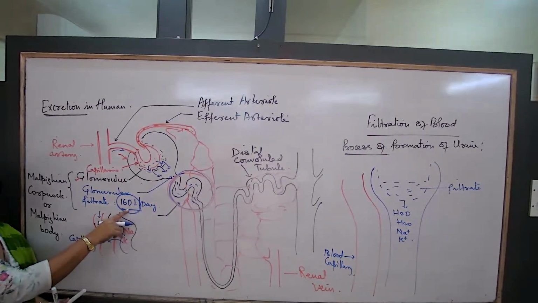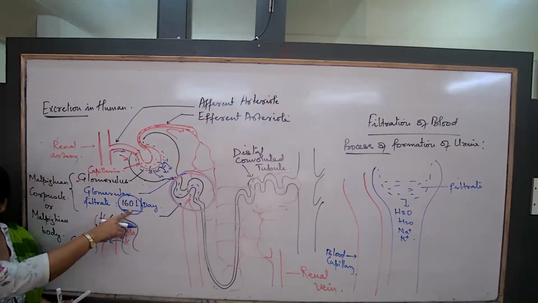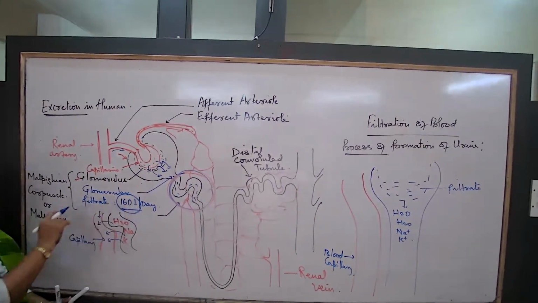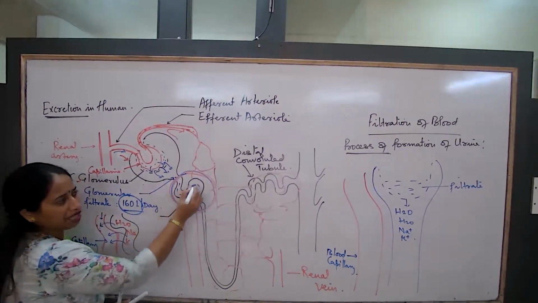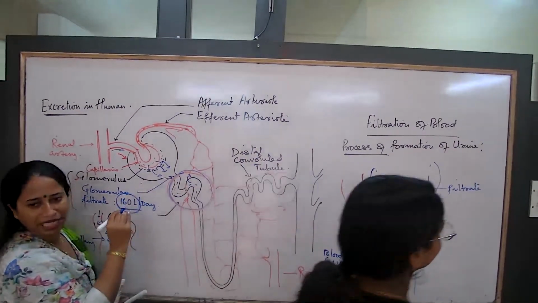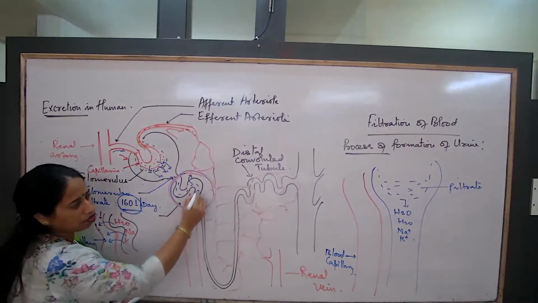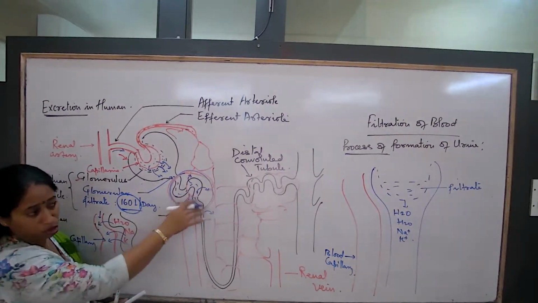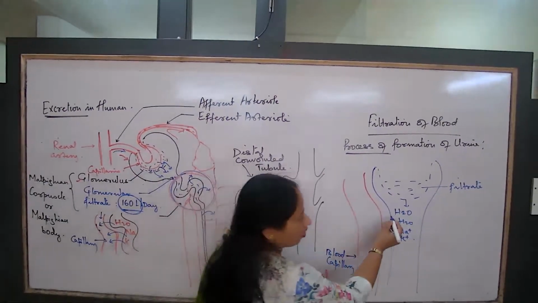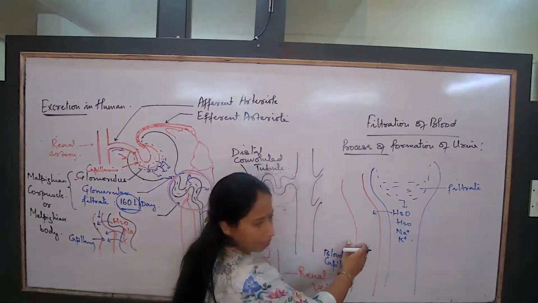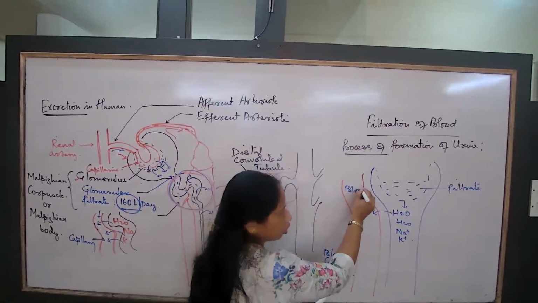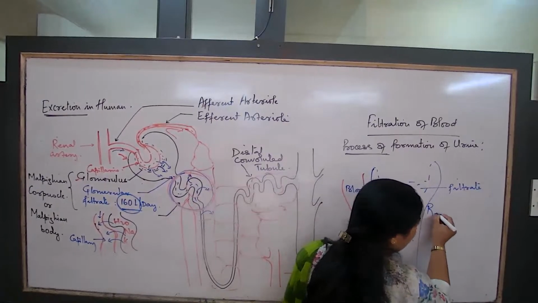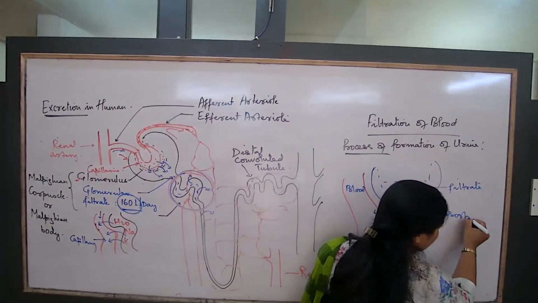Our body will start taking back a huge amount of this water to the blood. Meaning what? From this, a lot of water goes back to the blood capillaries. So if I have to show you that, the water goes back to the blood again. This is the blood. A whole lot of water goes back to the blood. What is this process known as? This process is known as reabsorption.